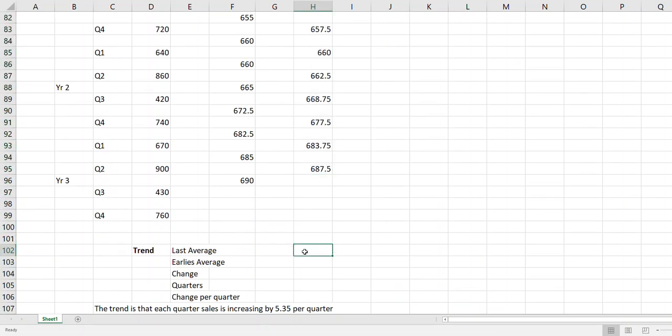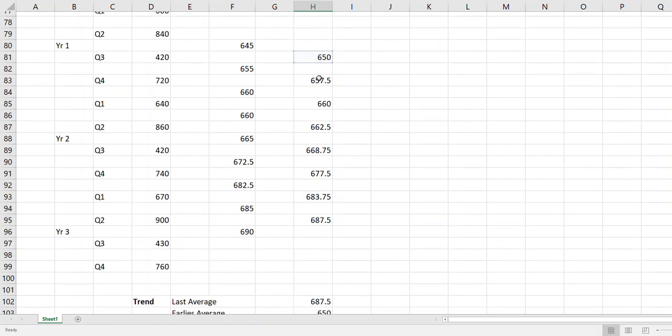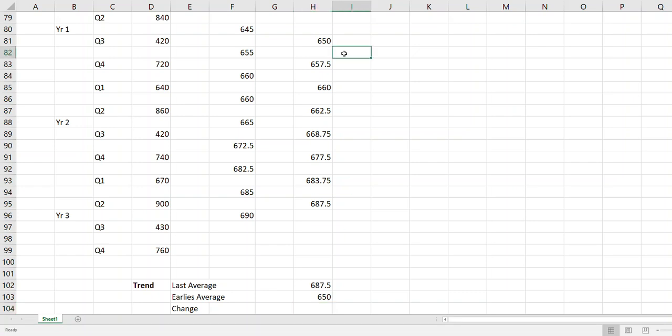So we take the last average data that we have and the earliest average data, and we see how much period. So I'm counting the change. Don't count the quarters, count the jumps. So 1 quarter, 2 from the previous one, 2, 3, 4, 5, 6, 7.